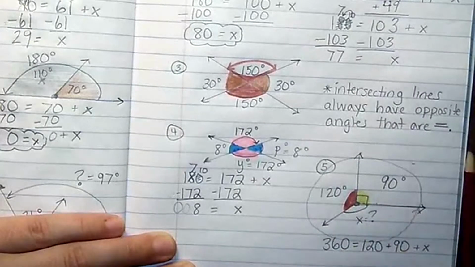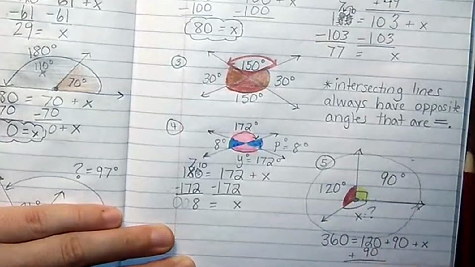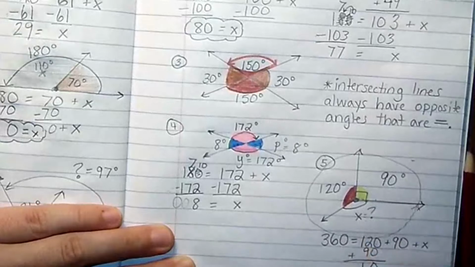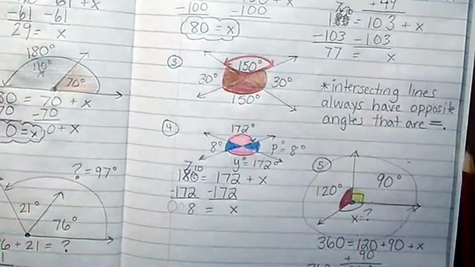It's this missing number. So let's add the two that I know together. 120 plus 90 is 210 plus x will give me 360.